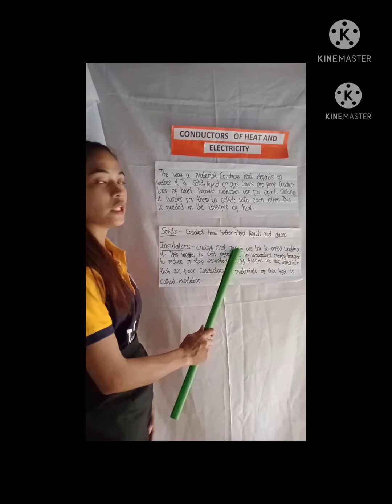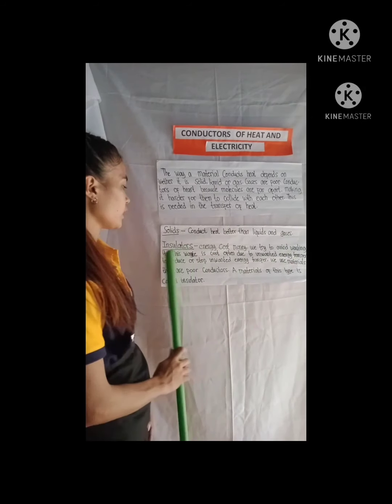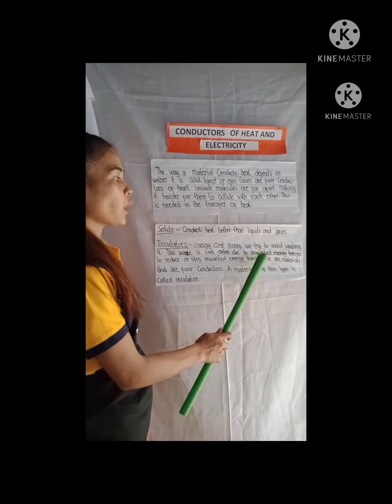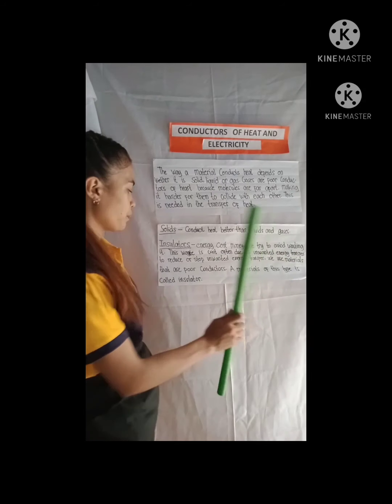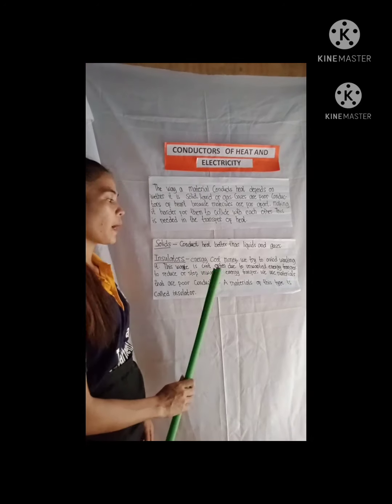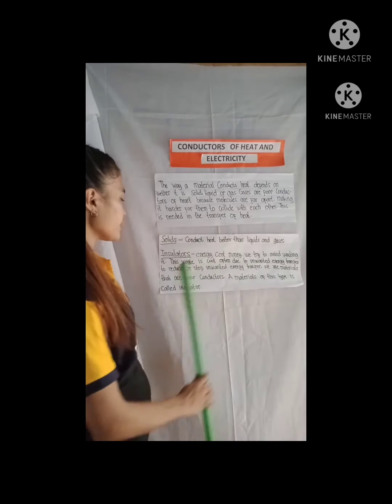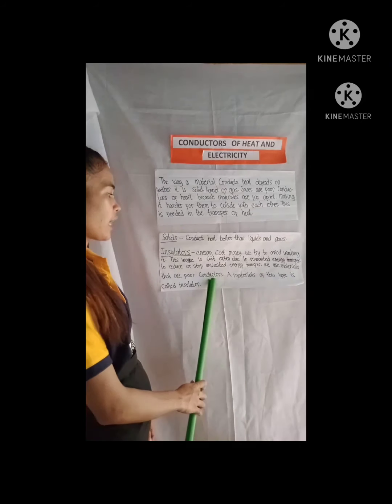Energy costs money. We try to avoid wasting it. This waste is often caused by unwanted energy transfer. To reduce or stop unwanted energy transfer, we use materials that are poor conductors.